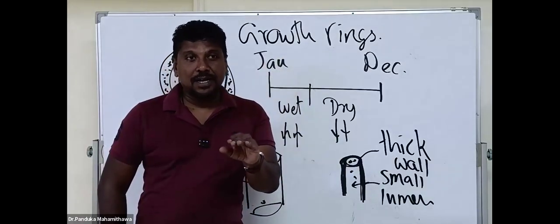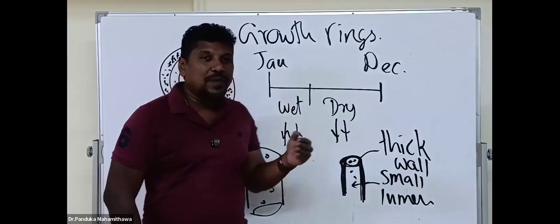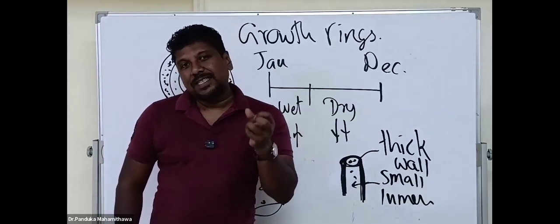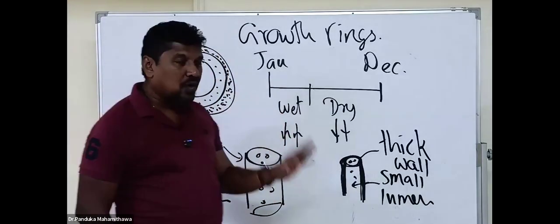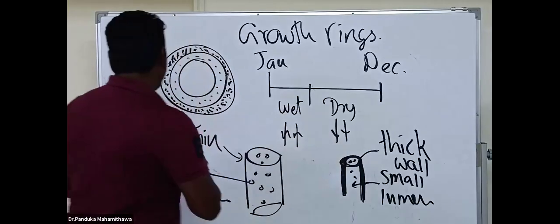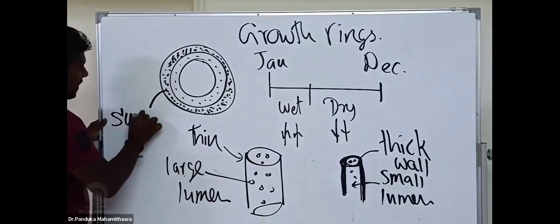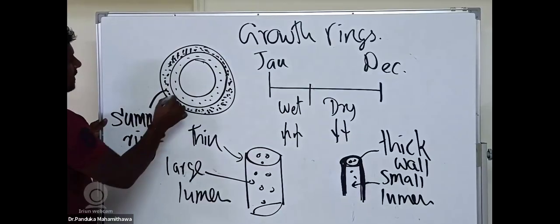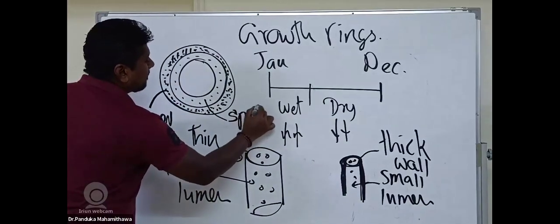So in the summer, the growth is restricted, and you make thick-walled, small lumen vessels and tracheids. Therefore, we sometimes call the darker part the summer ring, and the lighter part the spring ring.